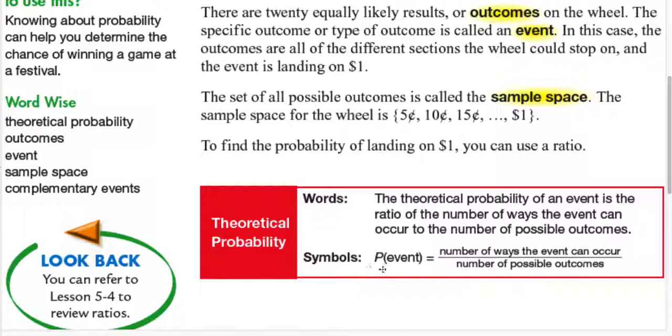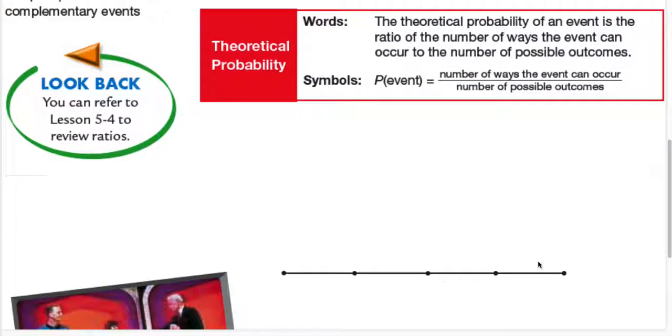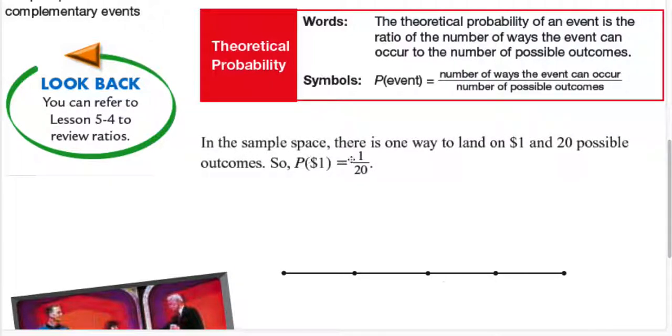So in symbols, the probability of an event is equal to the number of ways an event can occur over the number of possible outcomes. In the sample space, there is only one way to land on $1 and 20 possible outcomes. So the probability of landing on $1 will be equal to 1 over 20.